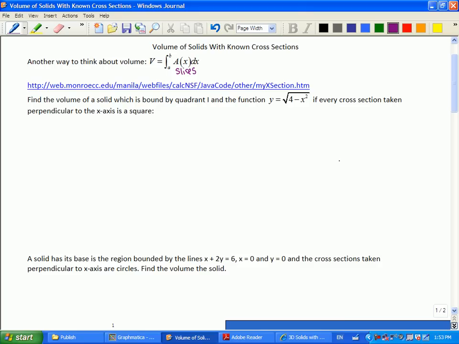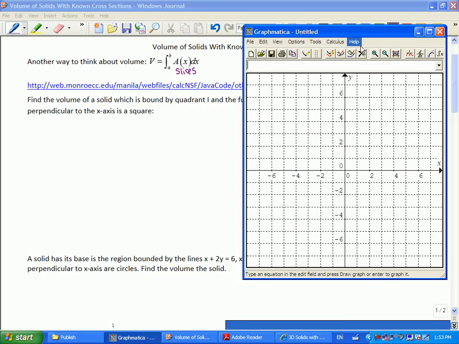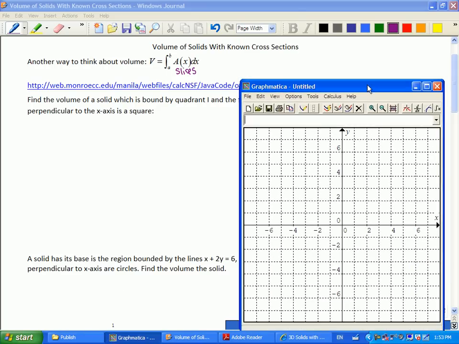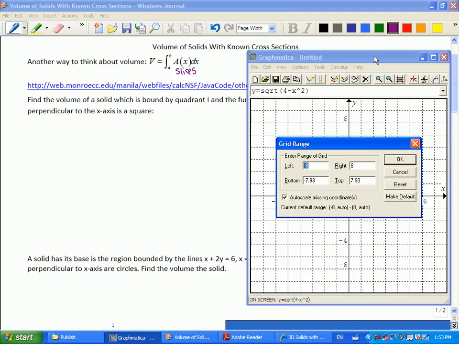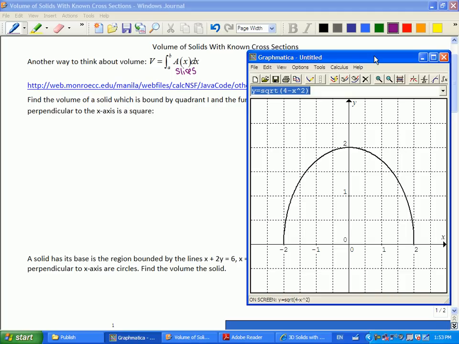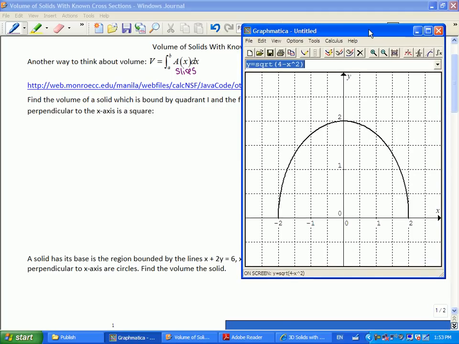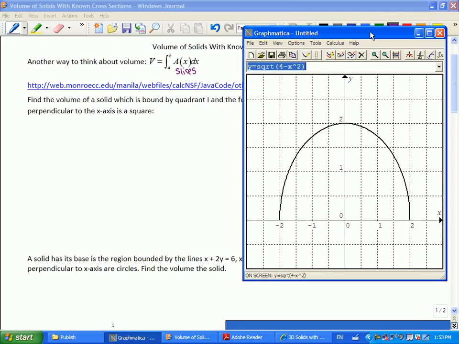Now, I'll bring up my graphing calculator so you can see it. So 4 minus x squared. And I'll zoom in a little bit so you can see it better. Okay, so it is actually a circle. My screen isn't quite square, that's why it's a little distorted.